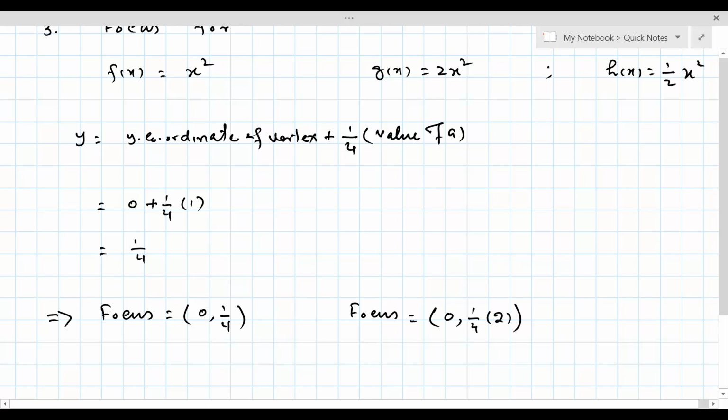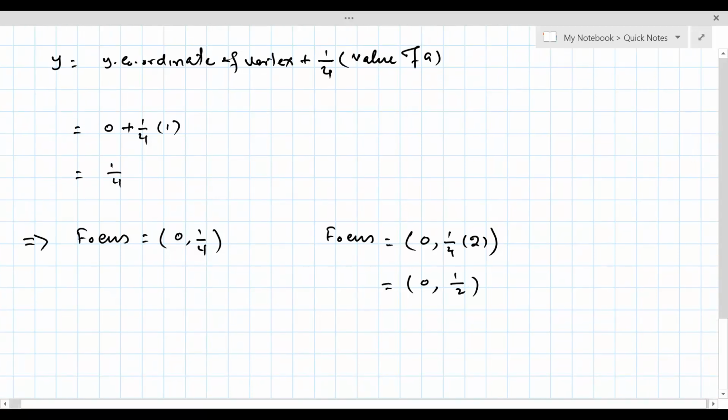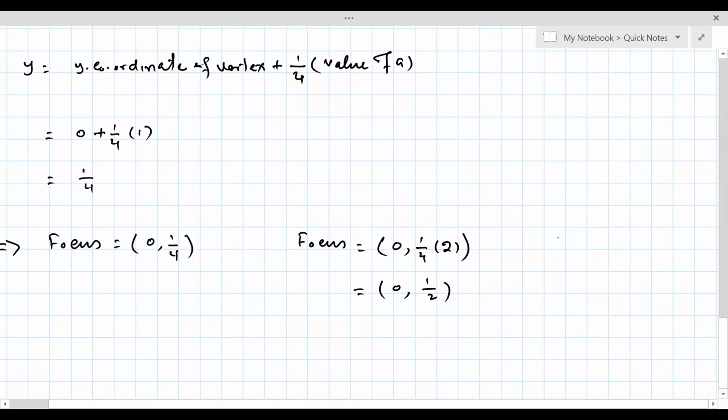So the focus will be equal to 0, 1 by 2. And focus for h of x is equal to 0, 1 by 4 of 1 by 2. This means the focus will be equal to 0, 1 by 8.